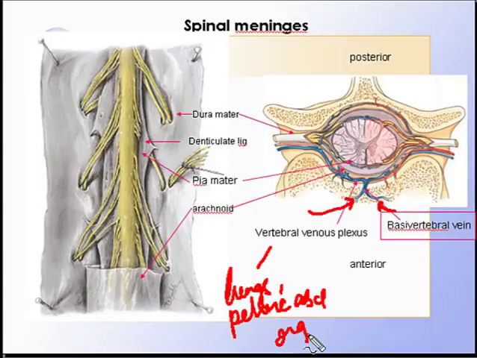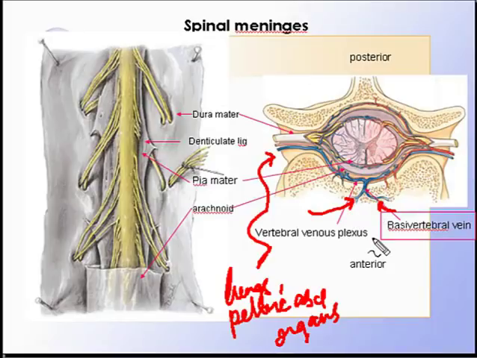So if there is a cancer of any one of these organs, imagine the cancer cells from any one of these organs can travel, because this is valveless and blood can flow in either direction. It can travel into the internal vertebral venous plexus. From this internal vertebral venous plexus, it can go into the vertebral bodies, and secondaries or metastases can be seen in the vertebral bodies.